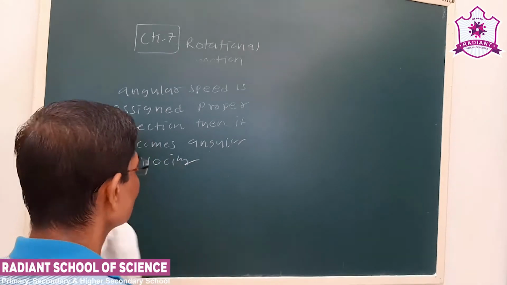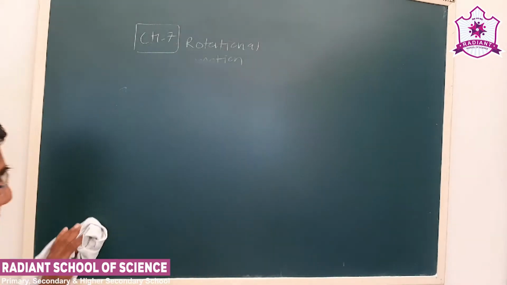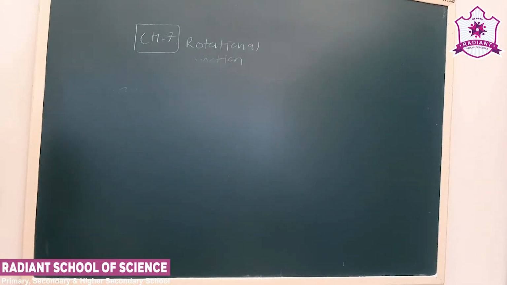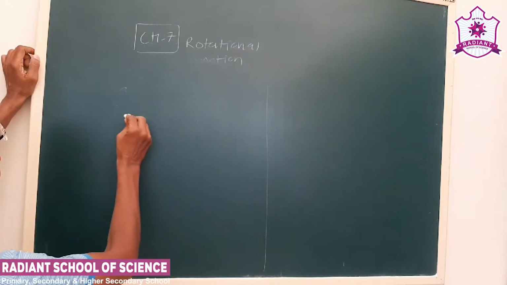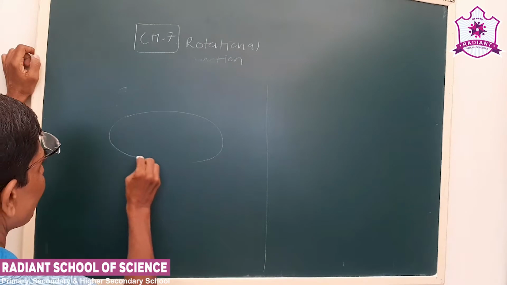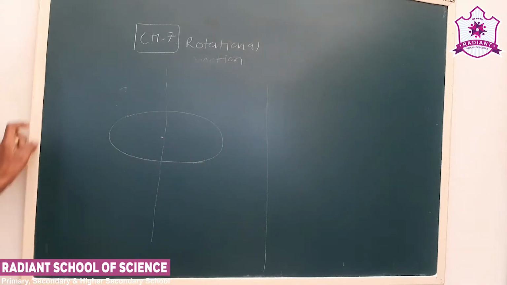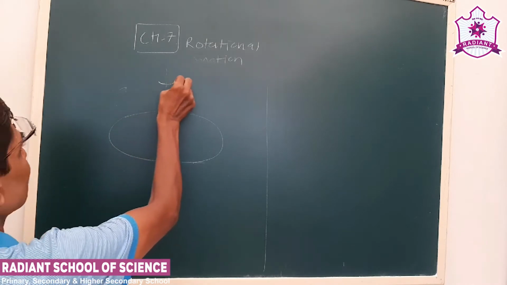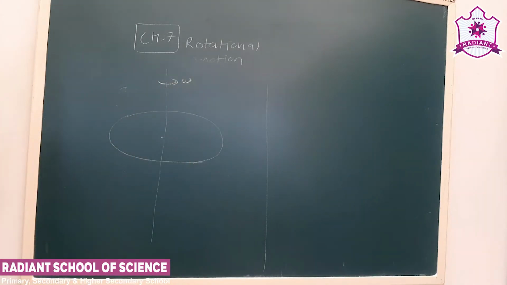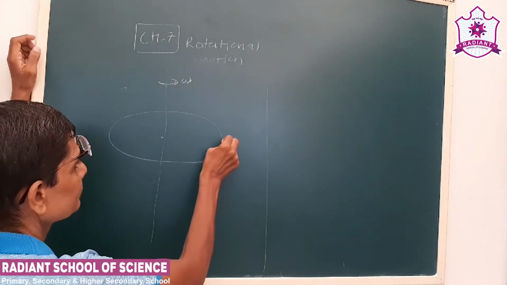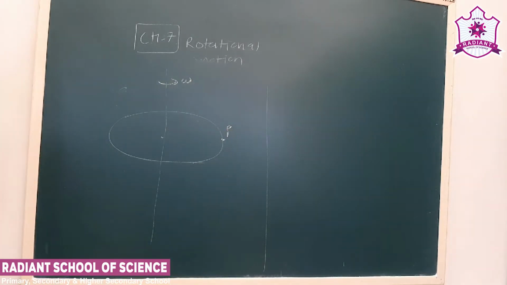Now we try to derive the vector relation between linear speed and angular speed. Let us say r is the radius of the circular path, and this is our axis of rotation. Let us say P is a point on the rigid body.